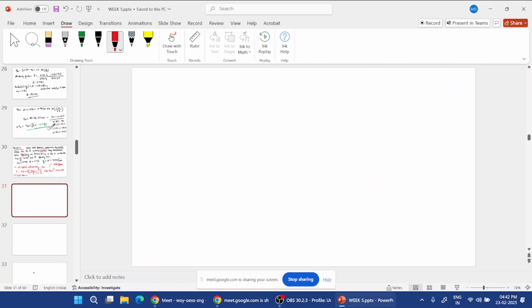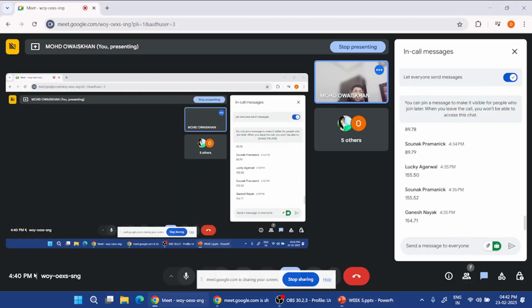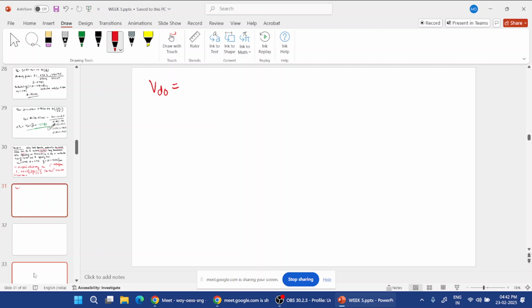So first we will calculate VDO, the disruptive critical voltage. So what will it be? I am going in short because I have already discussed in detail what this 21.1 is. Just check the value whenever I write the irregularity factor or the correction factor.